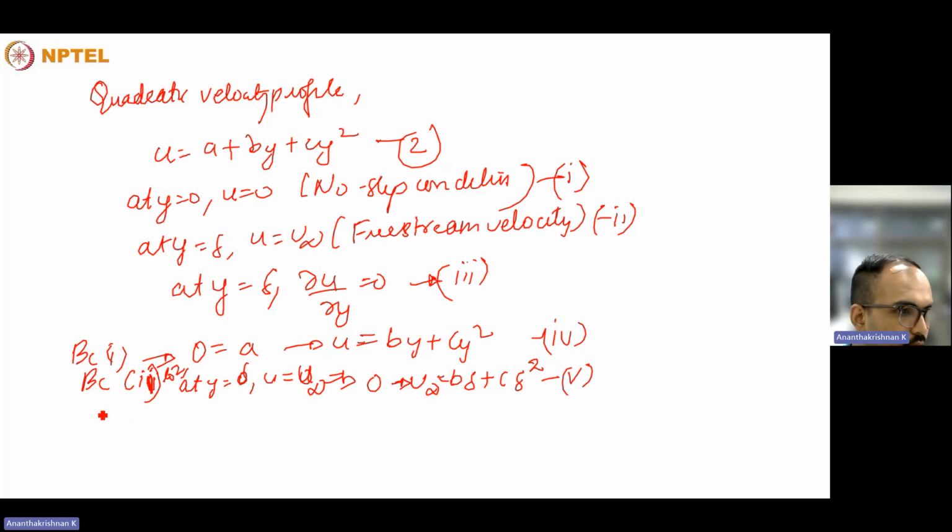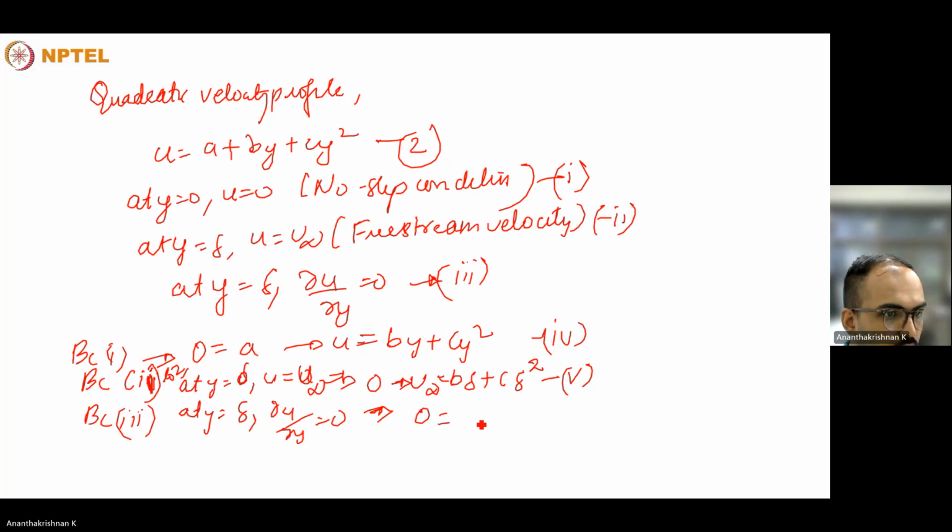That is equation 5. Now boundary condition 3, at y equal to delta, ∂u/∂y equal to 0, u will be taking this form. So 0 is equal to B plus 2C delta. Therefore, B is equal to minus 2C delta. That is equation 6. Equation 5 gives u infinity is equal to B delta plus C delta square.